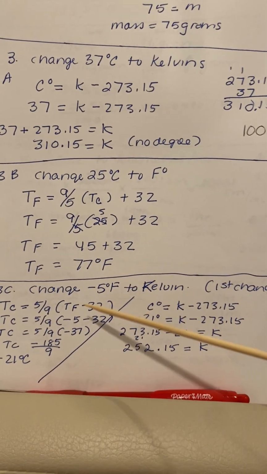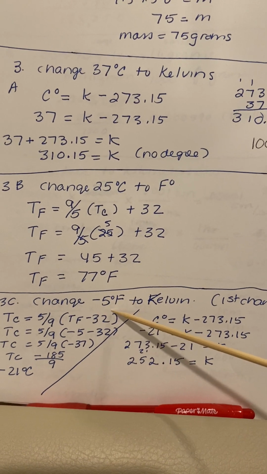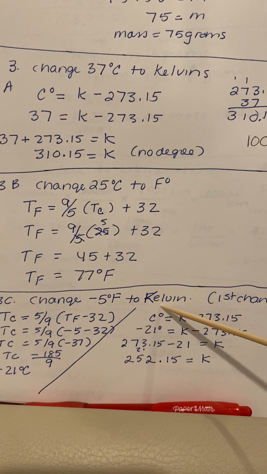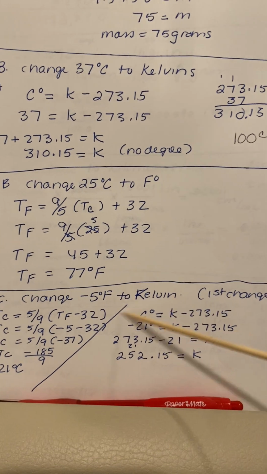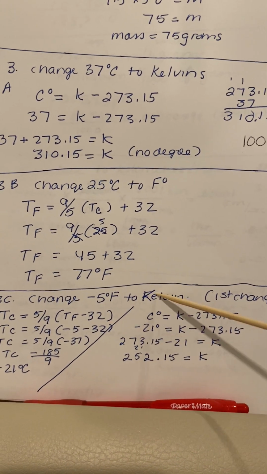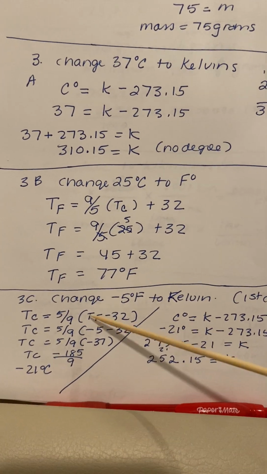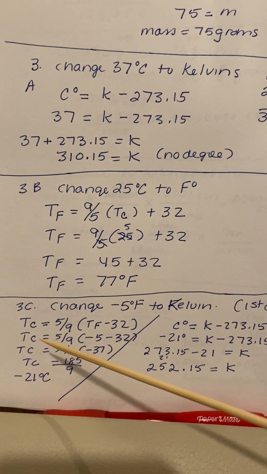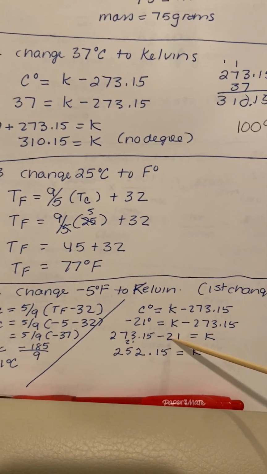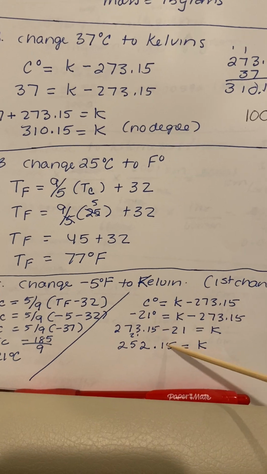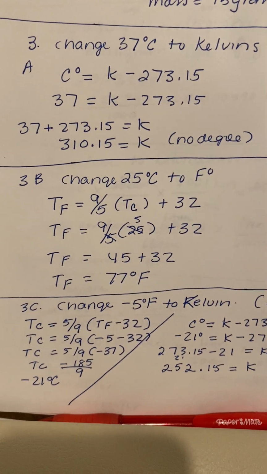Okay, now we're going to change a negative degree Fahrenheit to Kelvin. This takes 2 things. Well, we don't have any Fahrenheit changing to Kelvin, so we're going to have to do 2 equations. So first we're going to have to change it to centigrade, and then from centigrade to Kelvin, right? So the 3 different things.